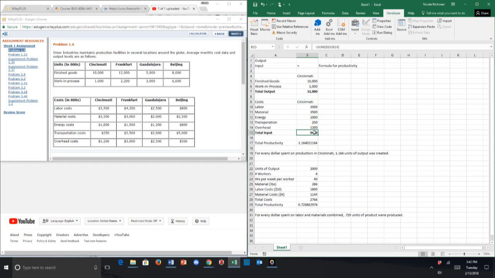So the total value of the resources we used, again using the sum function and highlighting those, was 9,450. So back to our original output over input. We took our output divided by our input, and we get 1.164. To put that in sentence form, we would say that for every $1 we spent on production in Cincinnati, 1.164 units of output were created.